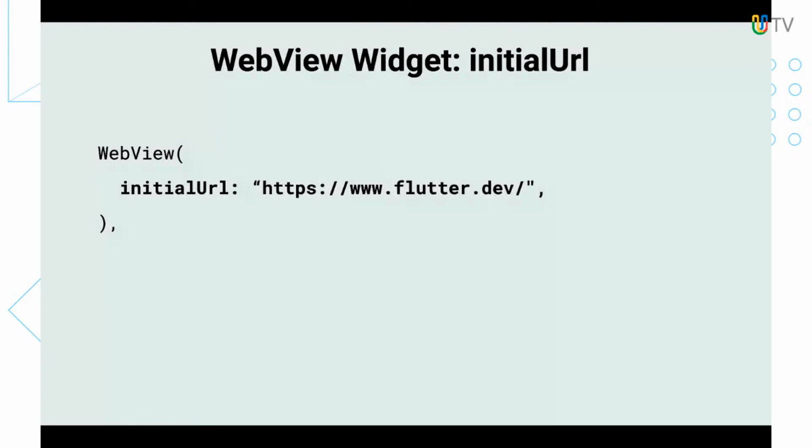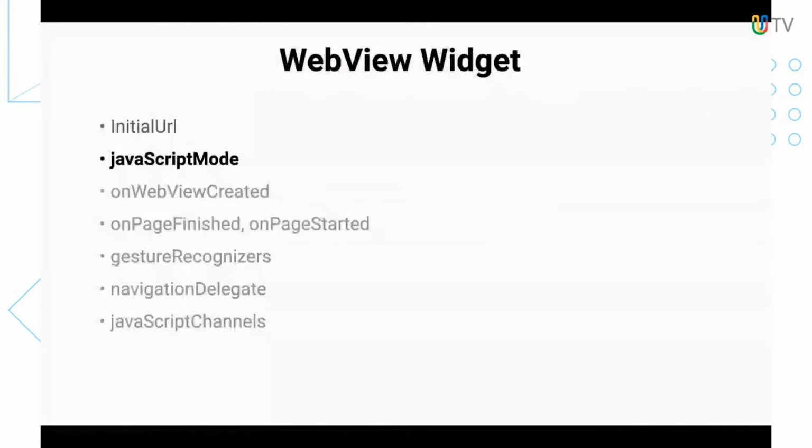But you will sometimes notice that some websites don't load. The thing is that it can be that the website requires JavaScript to run. So in that case, you will also need to enable JavaScript. And there's a parameter for that.